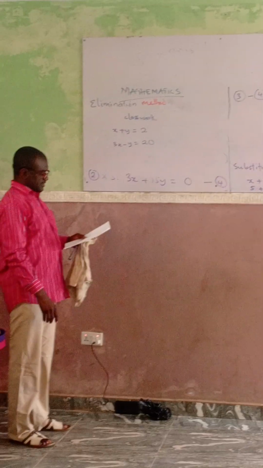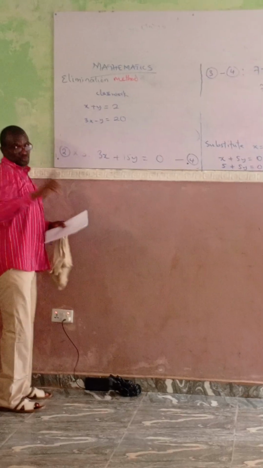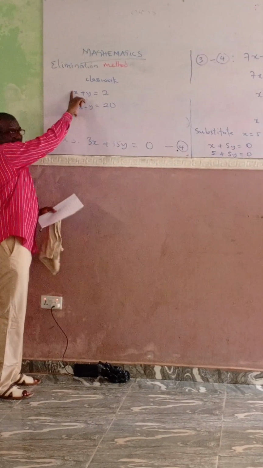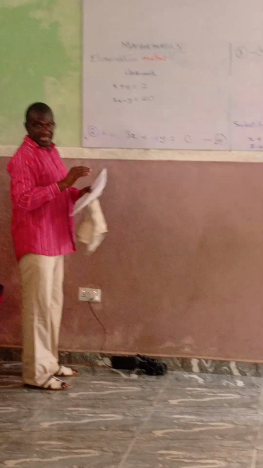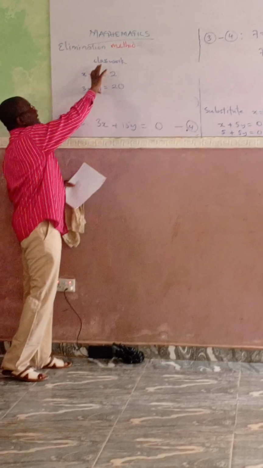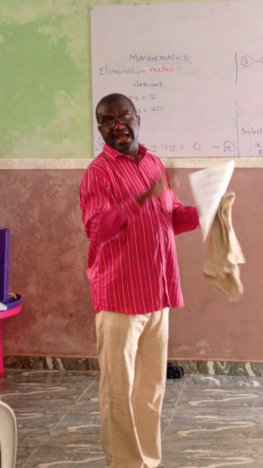You are going to eliminate x, that's one method. When you finish, you get the answer. Then you also manipulate to eliminate y. Do you understand? You are doing two things here. You are eliminating x to find x and y, and in another method, you are going to eliminate y to find x and y.